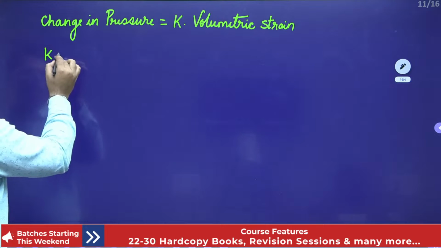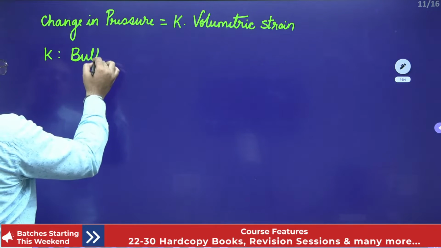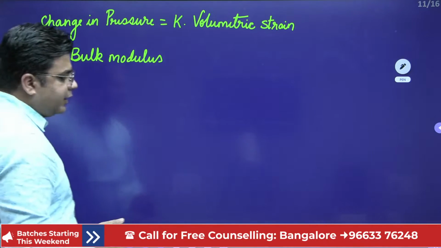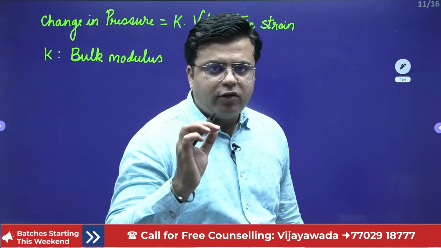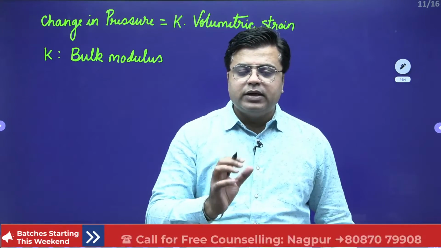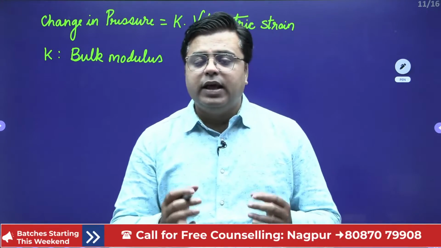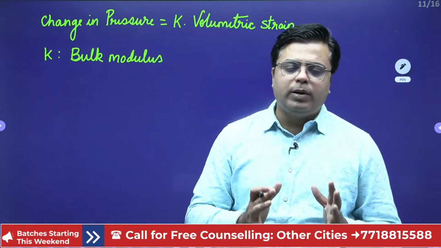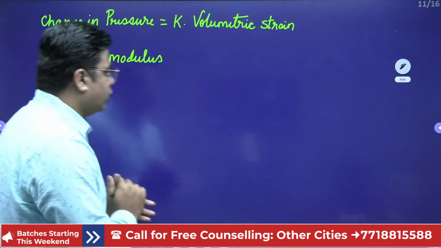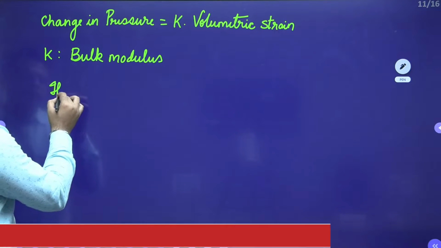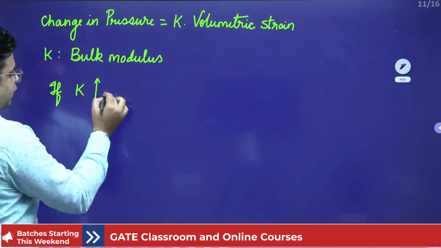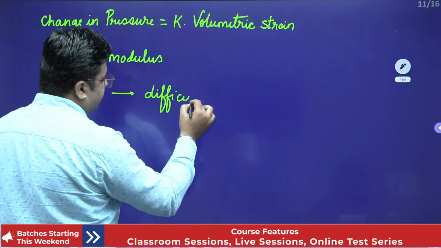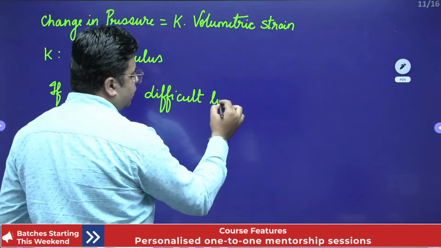K is your bulk modulus, and if the value of bulk modulus is more, it means the body will show more resistance against the deformation, right? It will be more difficult to deform the body if the value of bulk modulus is more. So if K is more, then it is difficult to deform the body.